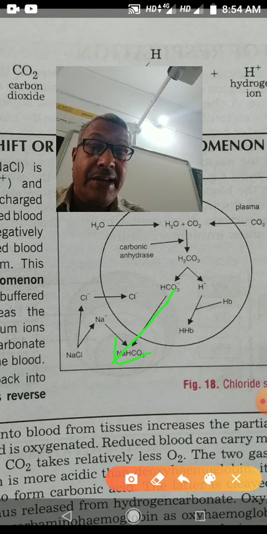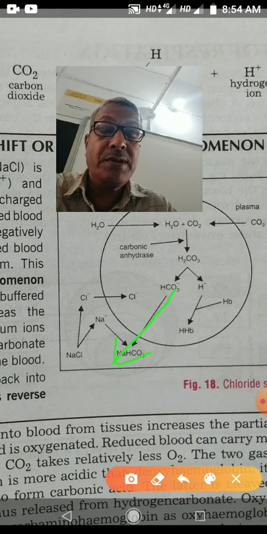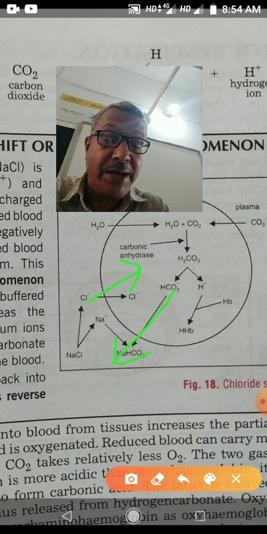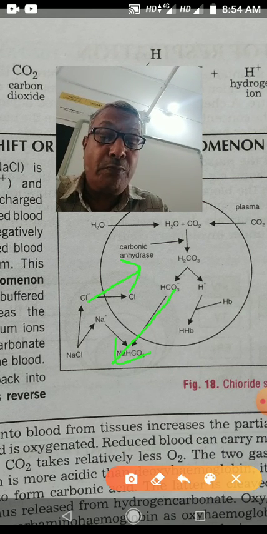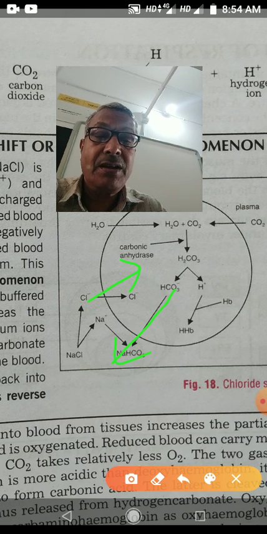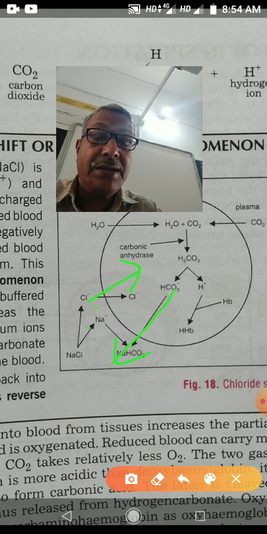Then another negative ion, that is the chloride ion, moves into the red blood cells from the plasma. Why is this? To maintain the electrolyte equilibrium. So for maintaining electrolyte equilibrium, chloride ion has to move into the red blood cells.